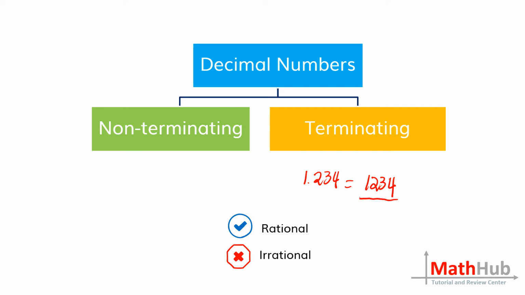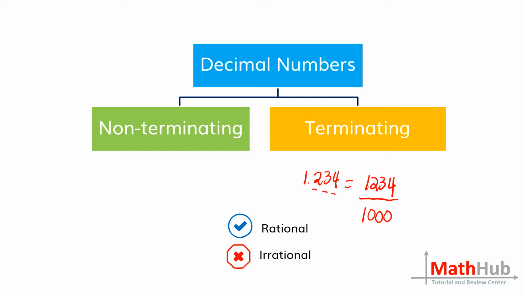The denominator will be a power of 10, wherein the number of zeros will be determined by the number of decimal places. In our example, we have 3 decimal places, right? That means what we need is 1,000. You need 3 zeros over here because our number has 3 decimal places.